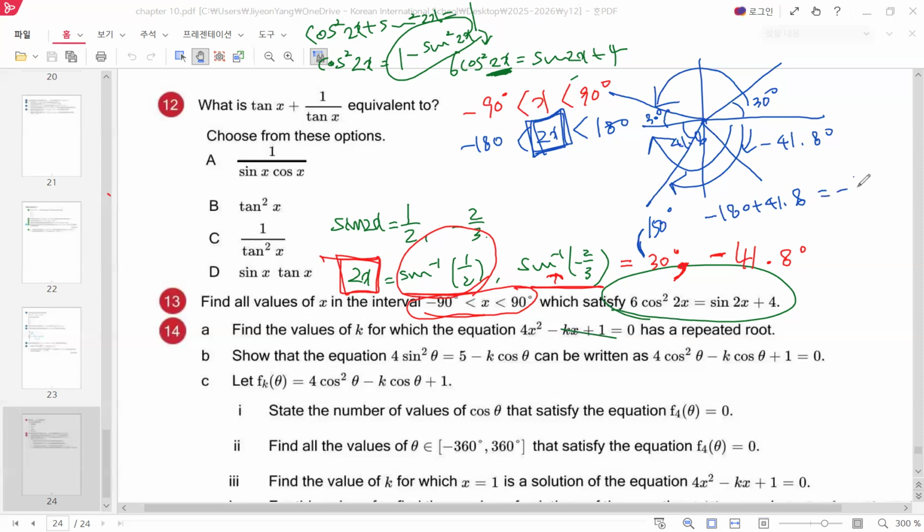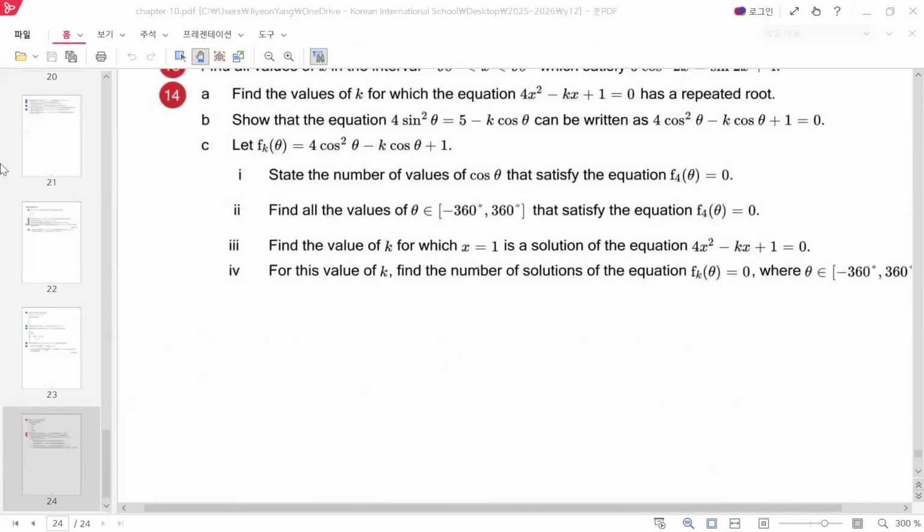Okay, so negative 1, help me. 138.2? Yes. Okay. So it has 4 answers.